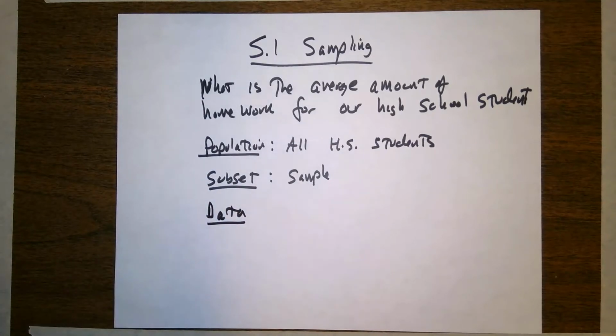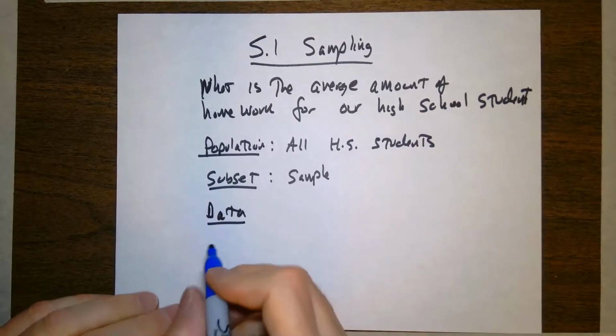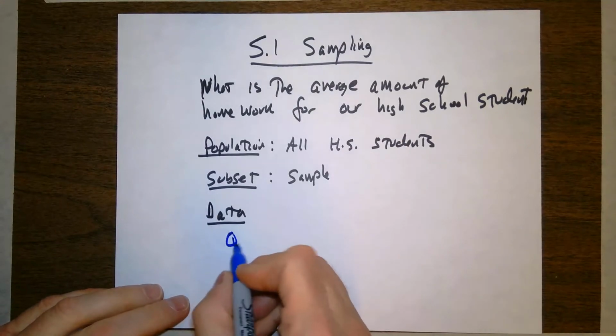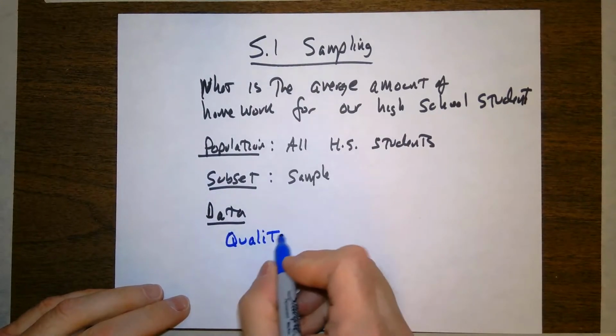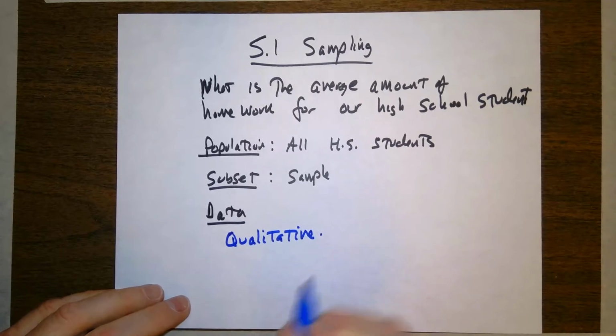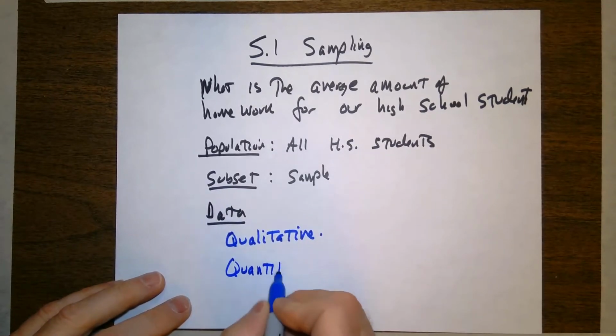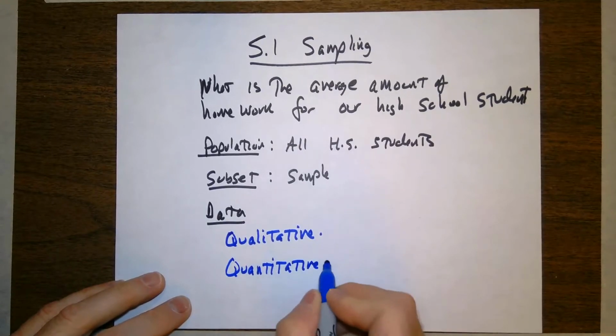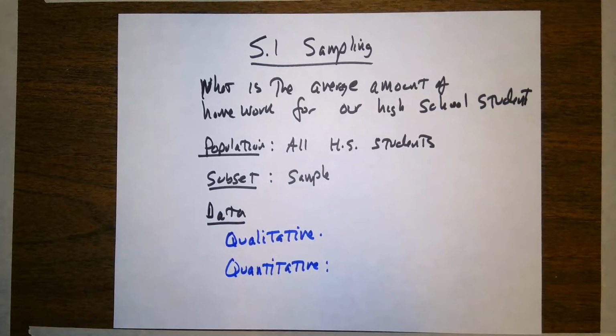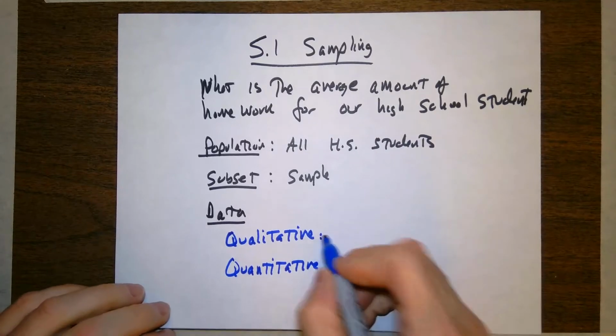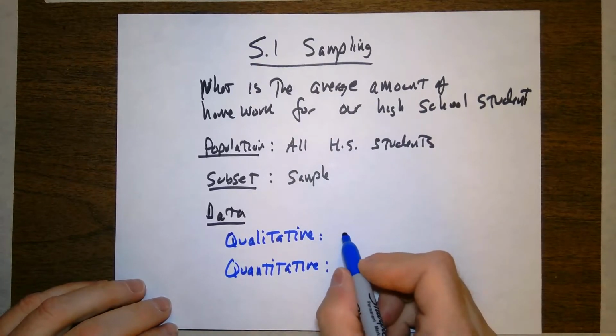Now, when we collect data, there's really two different kinds of data. The data could be qualitative, or the data could be quantitative. Qualitative data is sometimes called categorical.